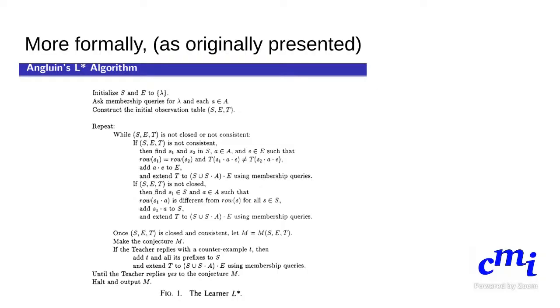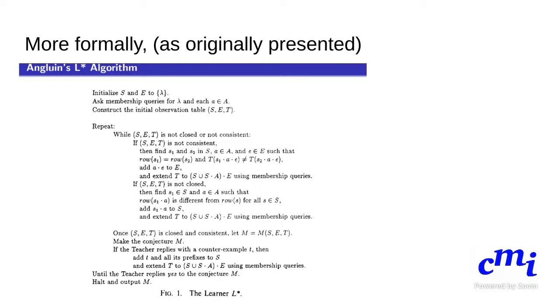So in L-star you ask membership queries in a sophisticated way, and then you realize you cannot ask more than that unless you hypothesize an automaton, and then when you get a counterexample, you again assess what kind of membership queries you want to ask. Even the correctness proof and the detailed algorithm might be out of the scope of this presentation.